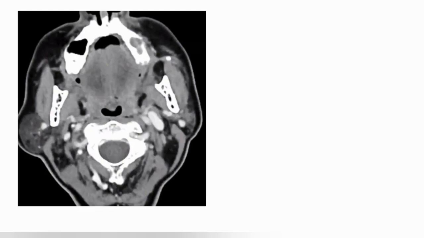Okay, sir. So what do you think about the size of the parotid gland on the left side? Is it normal or abnormal? Sir, it's smaller in size. Yeah, it's atrophic, smaller in size as compared to the contralateral side. Okay, so what else do you see in this image? Enlargement of the vein.